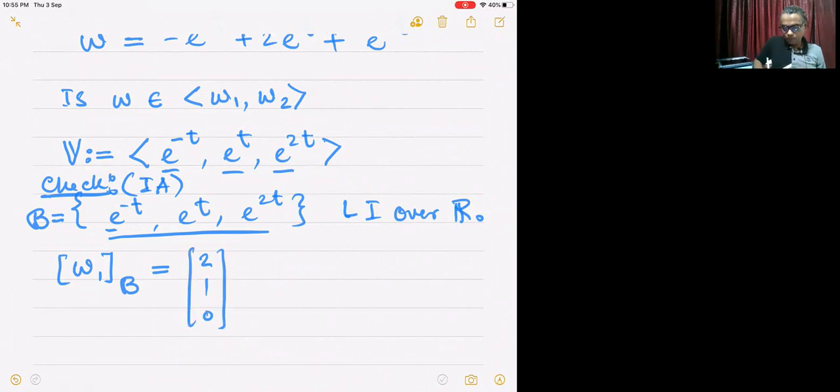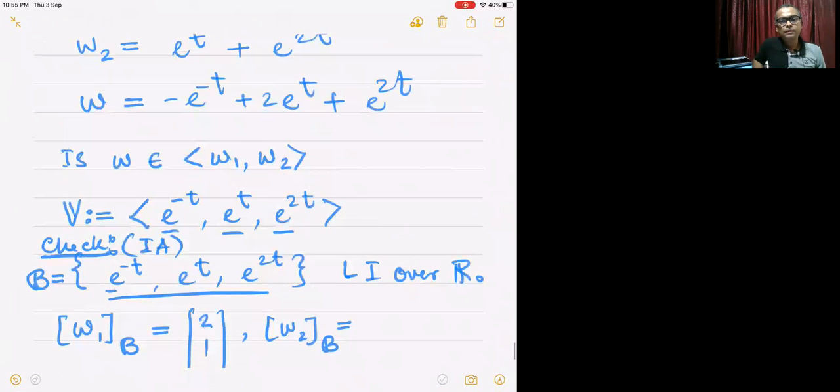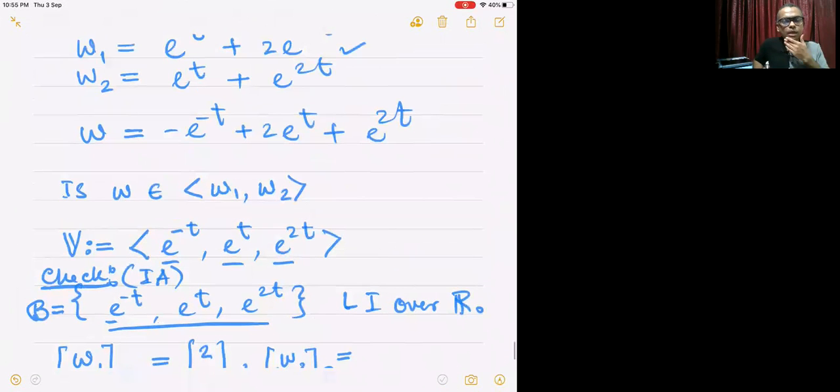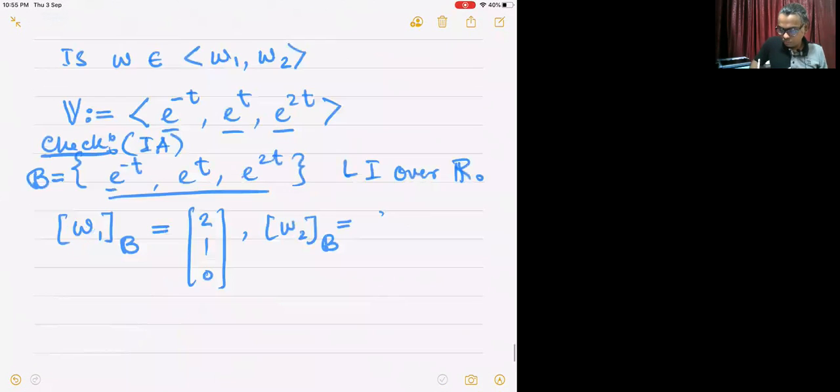Similarly, tell me what w2 in B would be. w2, notice, is e to the power t plus e to the power 2t and 0 times e to the power minus t. So this will be 0, 1, and 1.